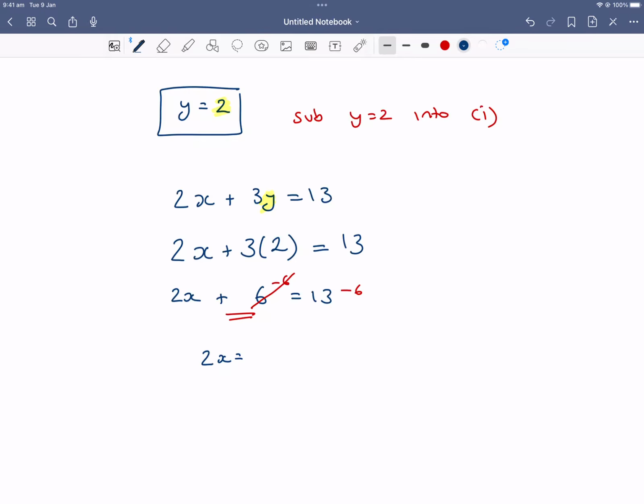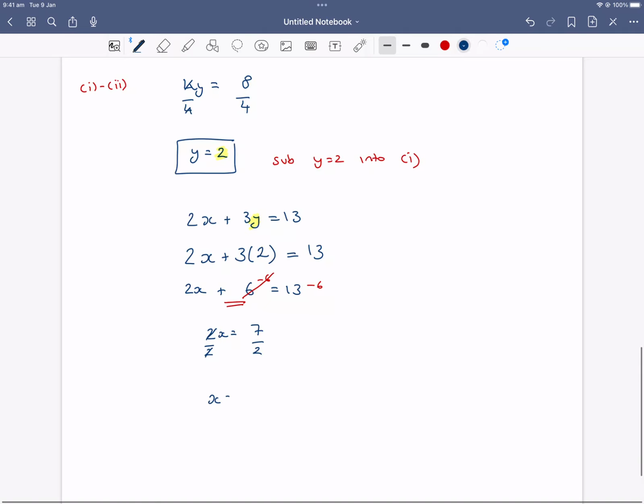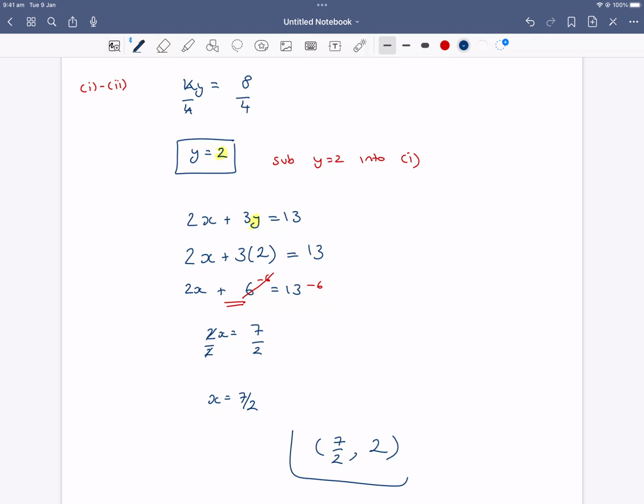So we've got 2x = 13 take 6. 13 take 6 is 7. And then all we need to do is divide both sides by 2. And so we get x is 7 on 2, or 3.5. It's a fraction. So my solution is x is 7 on 2 and y is 2.